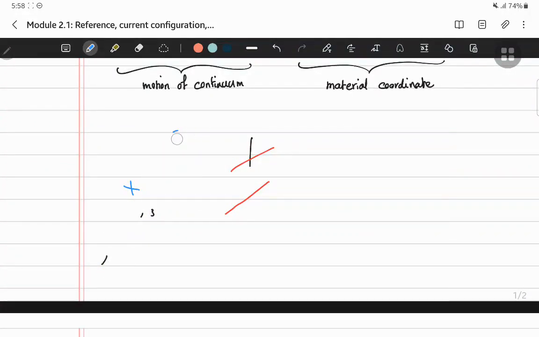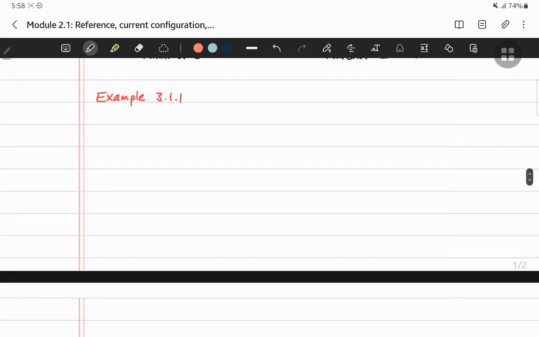Okay, let's get rid of this, and let's clarify this even with an example. So here I have an example 3.11 of the book, where it says that you have a cube like this with unit sides.